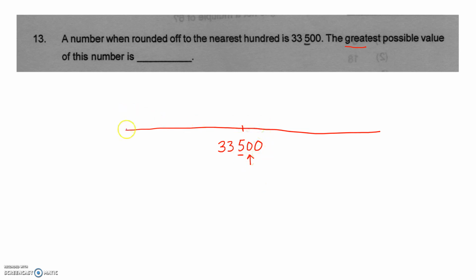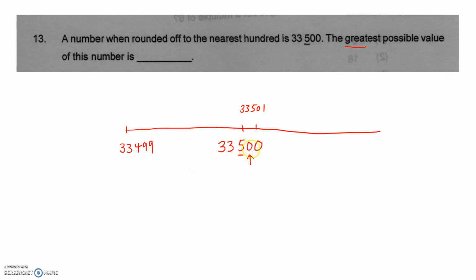Now if we have a low number like 33,499 or something like that, this is still not the answer because this is lower. Now if I go up, it is still possible. Let's say I just go up by 1, 33,501. When I round off to the nearest hundreds, it is still 33,500. So your answer is definitely wrong already.